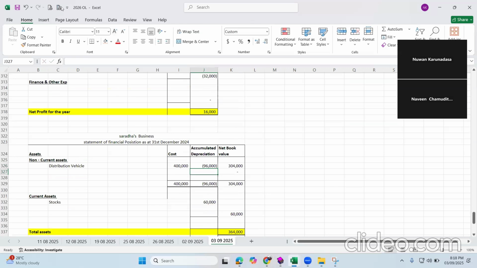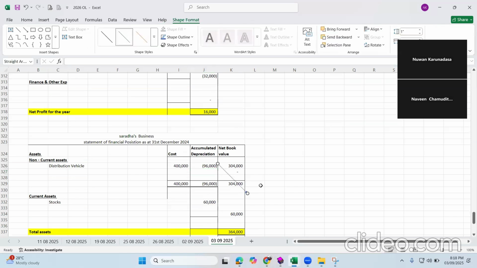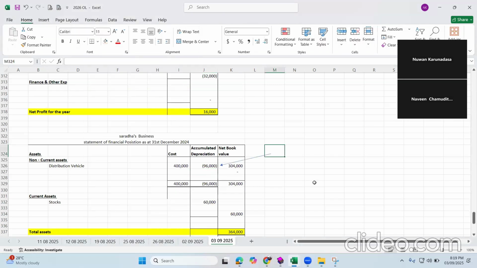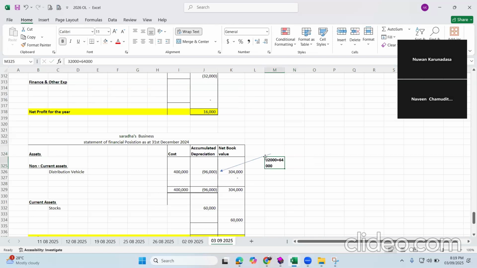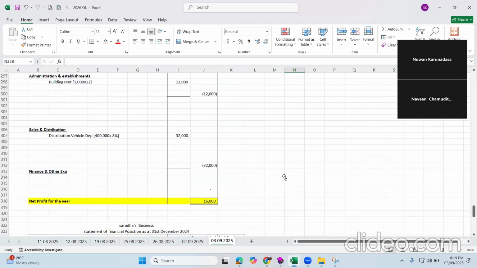Net book value is 304. I'll show you the calculation here. It came 32,000 plus 64,000. Right, it's done.